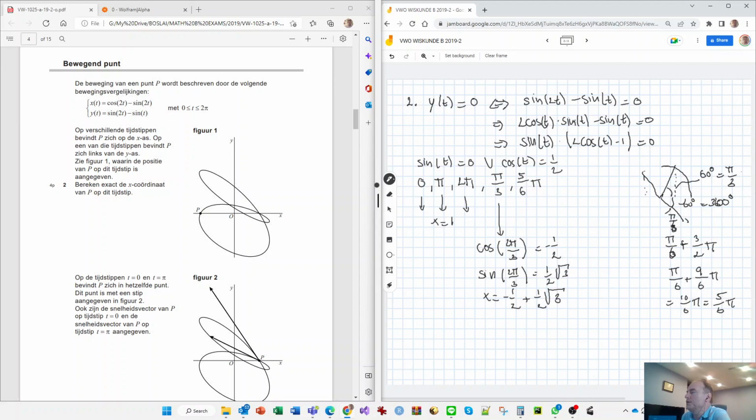Now this is actually positive, so that's not the x of p.